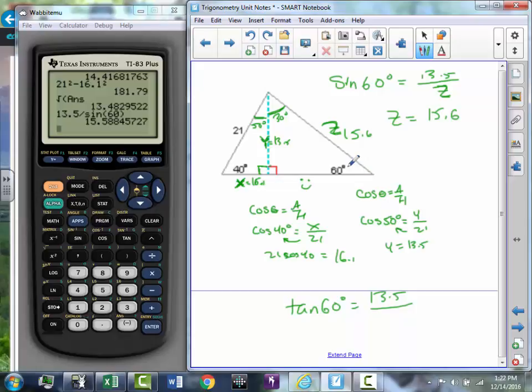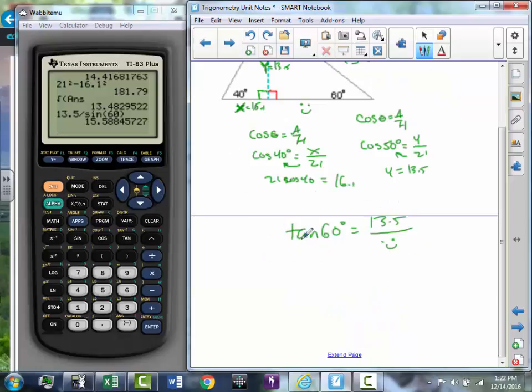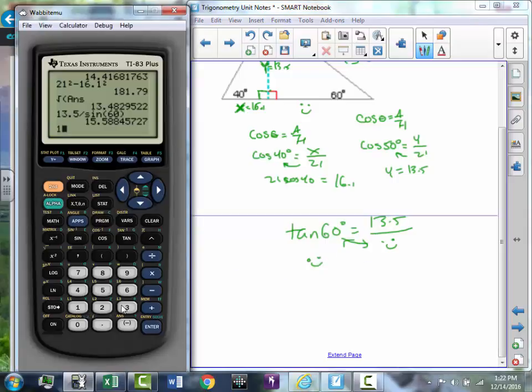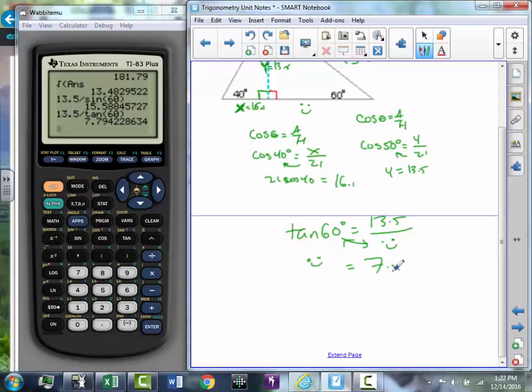The adjacent to 60 would be the smiley face. So if I want to get smiley face by itself, I just flip these guys around. 13.5 divided by tan of 60 is 7.8. I think I've now solved for everything.